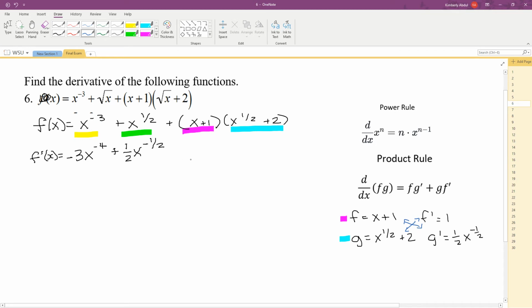So here I'm going to add plus f times g prime, so x plus 1 times g prime, which is 1/2 x to the negative 1/2, plus, now I'm going to go the opposite way, so I'm going to have x to the 1/2 plus 2 times this one over here, times 1.